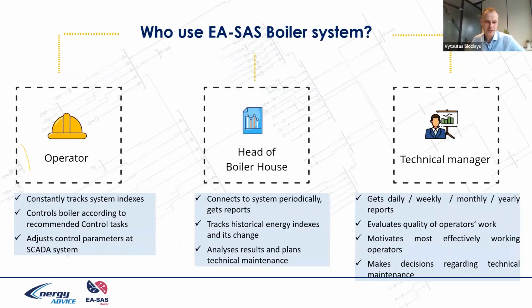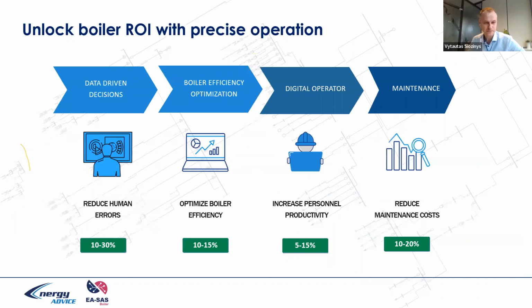And who is the user? It's the operator, the head, and the technical manager. All of them benefit: the operator gets real-time set points and optimum set points, the head gets boiler house statistics on how successfully the operators operated, and the technical manager gets support for decision making on predictive maintenance.